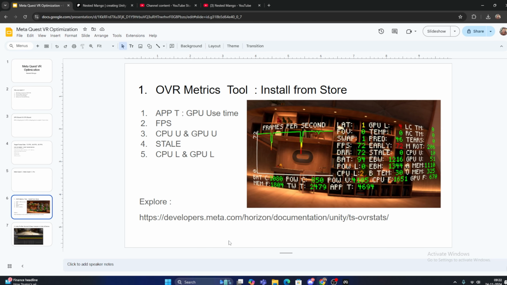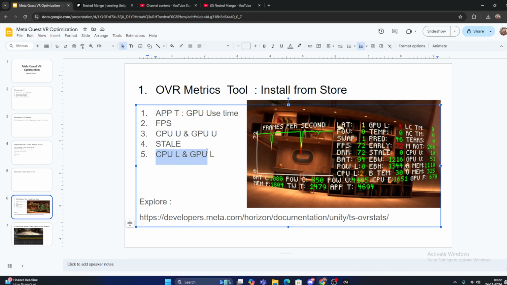Here you can see the CPU level and somewhere the GPU level. If it is going to 4, most probably your device will get very hot and your battery will discharge very soon.